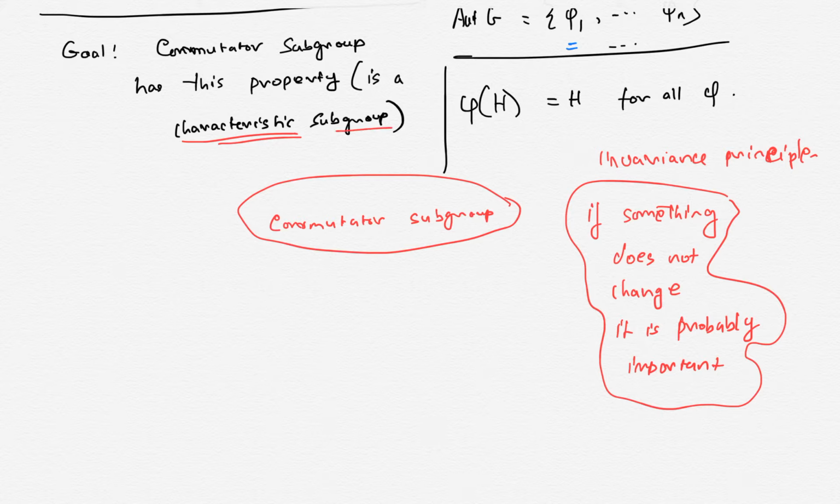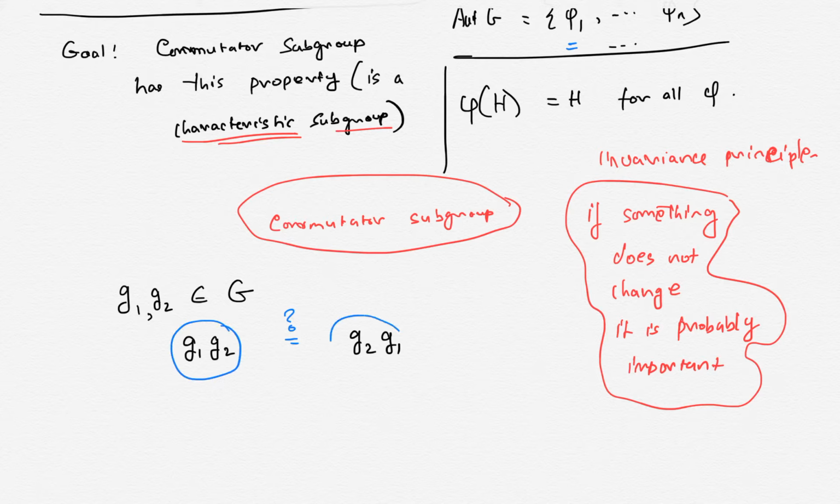So what is a commutator subgroup? Suppose we take any two elements g1 and g2 in the group G, and we compute g1 g2 and we compute g2 g1. We ask, are these elements equal? If it is a commutative group, an abelian group, then these two will be equal.